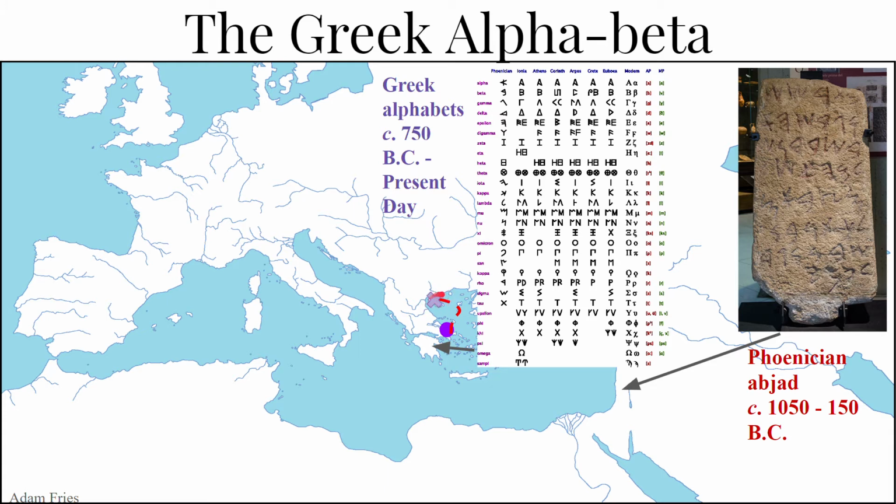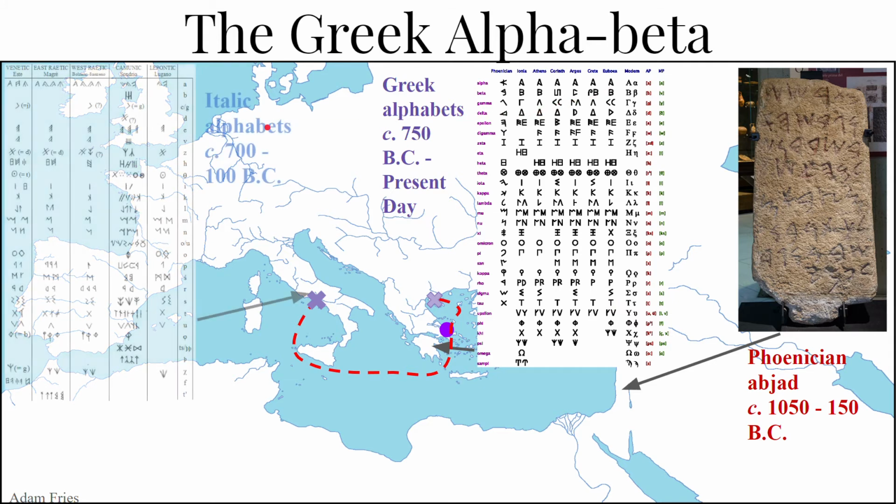Because Chalcidians went there also. So never be confused about that anymore. There's Chalcis here in Euboea, one of their early colonies, Chalcidice right here. They also sailed all the way over there. This is Cumae in Italy. And there they transmitted their special flavor of the Greek alphabet, the Euboean version, to the Italic languages.